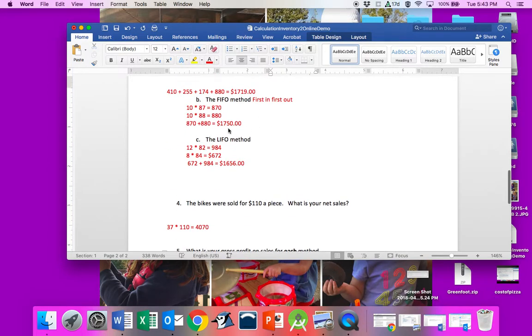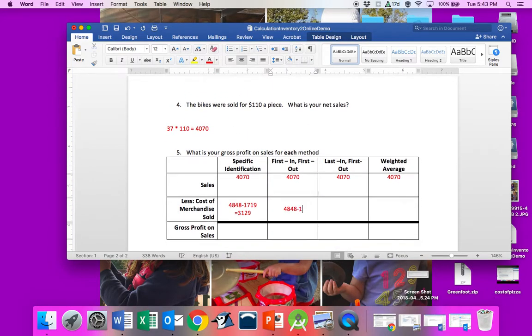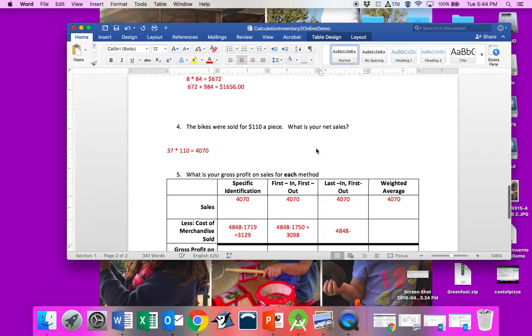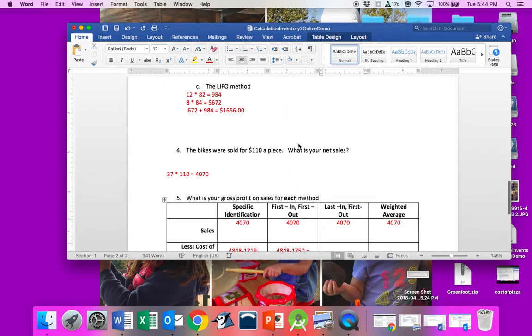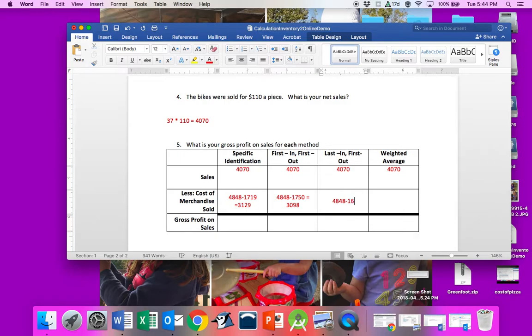In FIFO, again, we're going to take that 4848 and minus our ending inventory of 1750. You're going to get 3098. For LIFO, we're going to again take that 4848, minus our LIFO amount, which was 1,656, and we're going to get 3192.